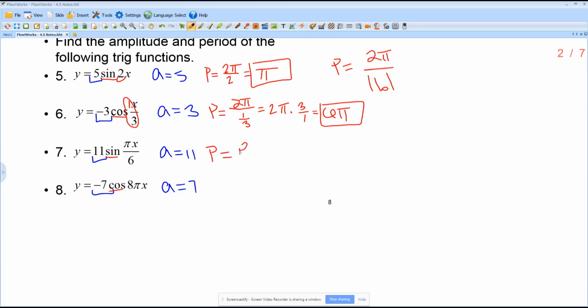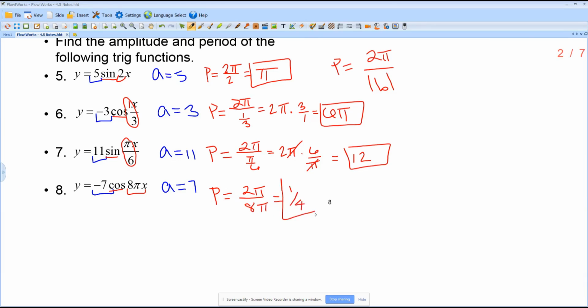Here, the period is 2 pi over, and my coefficient here is pi/6. So again, I'm going to multiply by that reciprocal. So 2 pi times 6 over pi. The pi's cancel, so my period here is just 12. And here I have 8 pi, so p is equal to 2 pi over 8 pi, which is 1/4.